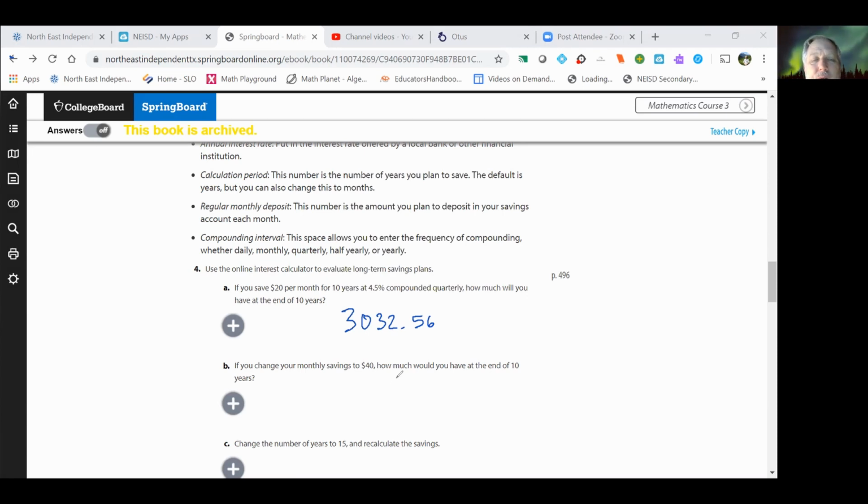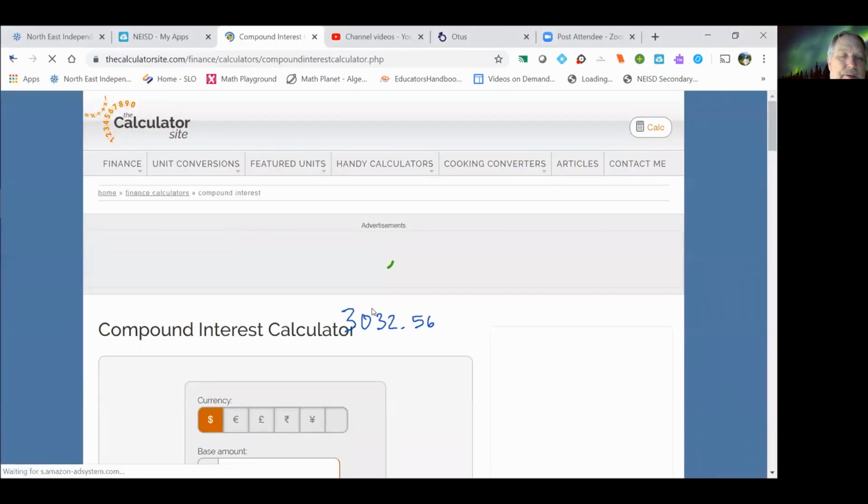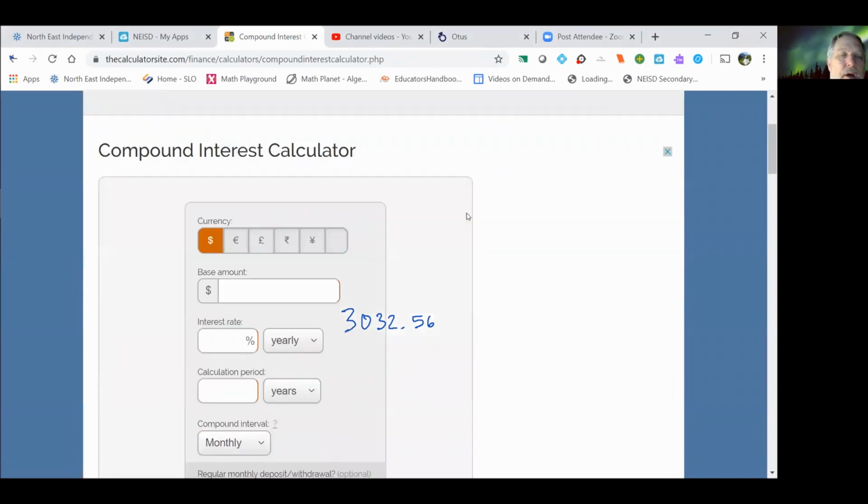So now if we change the monthly savings to 40, if we go back to that calculator and do everything the same way we did, we're going to double the amount we're saving per month. And we'll use the same compound interest. I'm going to leave that on the screen there so we know what we had before. Our base amount again is 0. The interest rate is 4.5. Calculation period is 10 years, so it's all the same. We're going to compound quarterly.